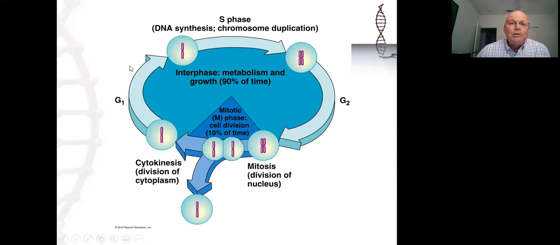And then a period called interphase, which used to be called the resting phase, but we now know that it is anything but restful. The cell is extremely active. It's just that that activity is chemical and biochemical, so it's generally invisible under a microscope, but there's a lot going on in here.